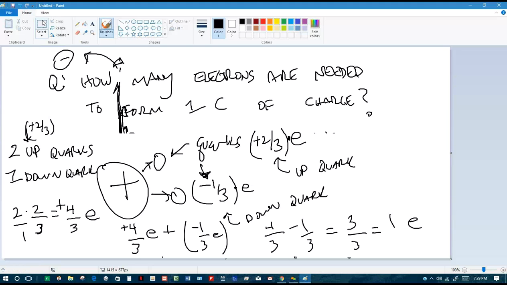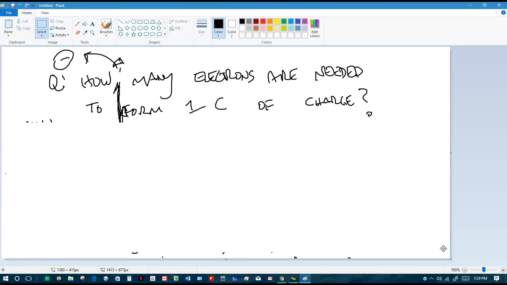How would you answer the question, how many electrons are needed to form 1 Coulomb? It'd be 6.25. Yes. How would we calculate that? Because you might have just written it down from your book. How would you calculate that if you were asked to calculate it? Okay, so I'm going to show you.